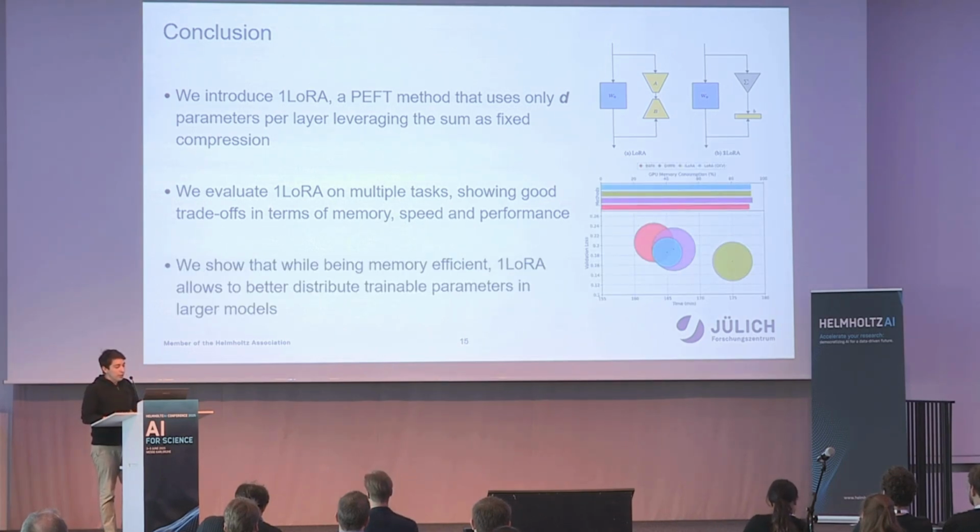And lastly, we show that since it's memory efficient, we can better distribute trainable parameters across larger models. So instead of only targeting a subset of layers, you can target more layers, and this allows to improve the performance. This will be the last slide.